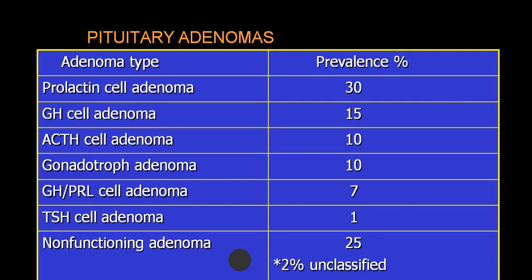So these two branches will be affected. Maxillary division is usually spared. So that will be the effect on the third, sixth and fifth cranial nerves. Fourth cranial nerve may or may not be affected.